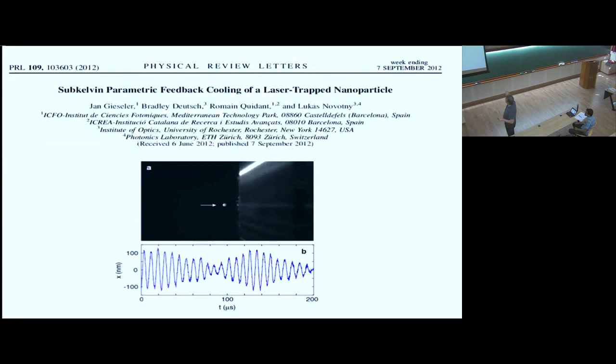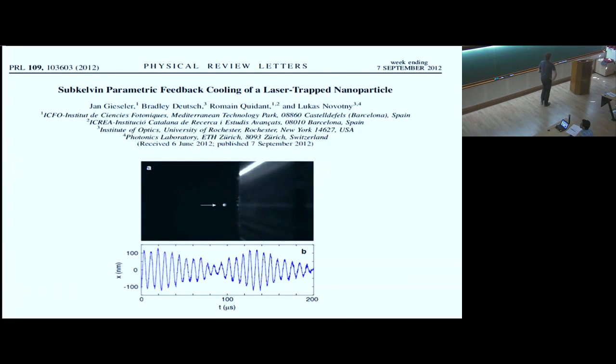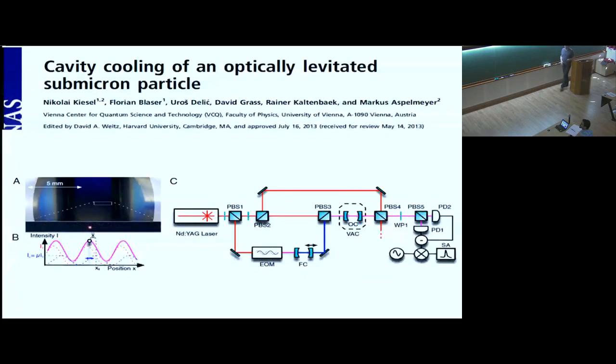What you see here is part of a microscope objective, which focuses the light to a tiny spot, and in this tiny spot, by using the optical gradient force, you trap a glass particle of about 100 nanometers or so, maybe 150 in diameter. So that is the experiment which Nikolai explained to you in quite some detail.